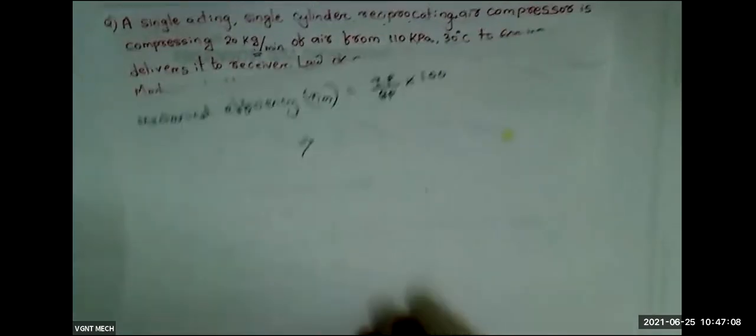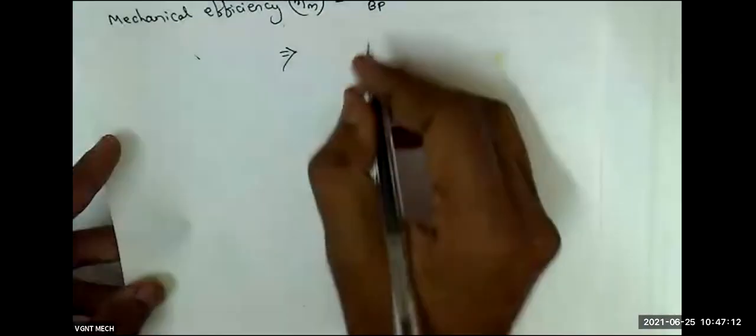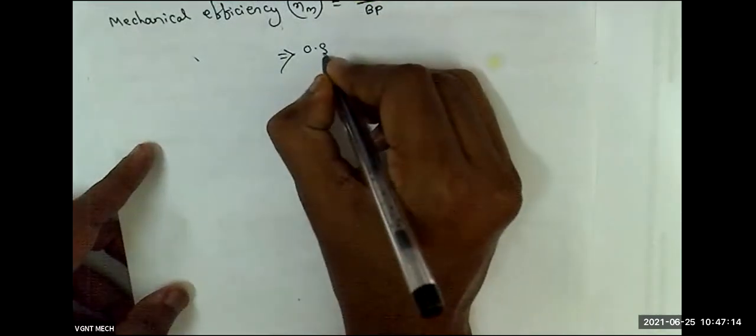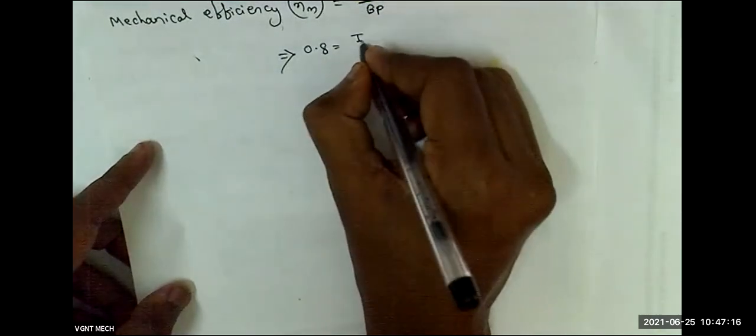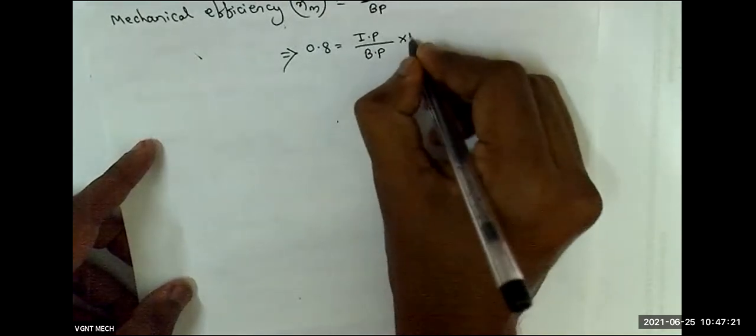Mechanical efficiency we have as 80% or 0.8. So 0.8 is equal to indicated power, which we don't know, divided by brake power, which we have to calculate, into 100. Suppose this is equation 1.